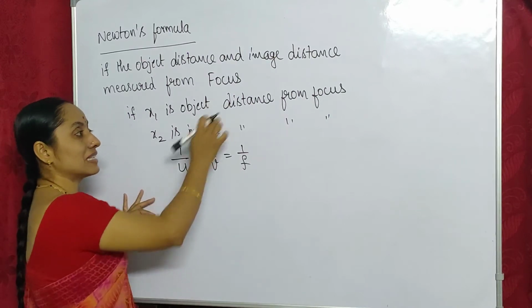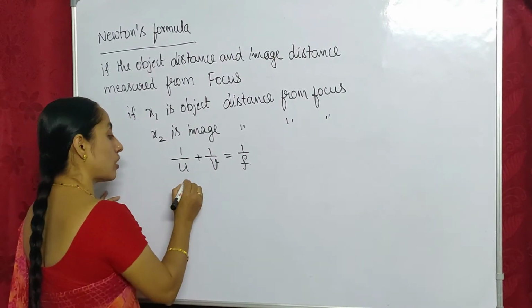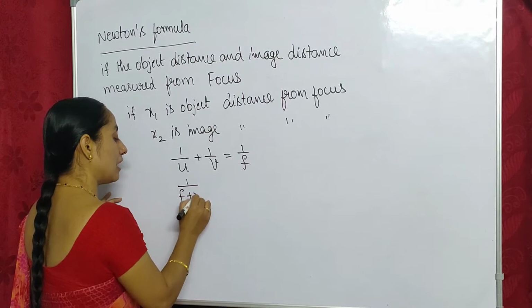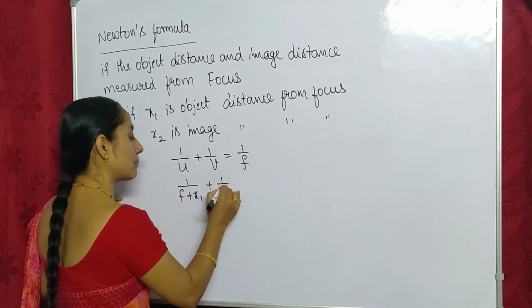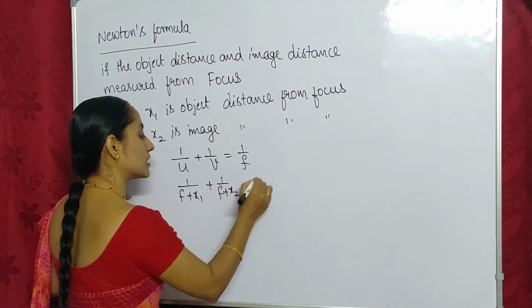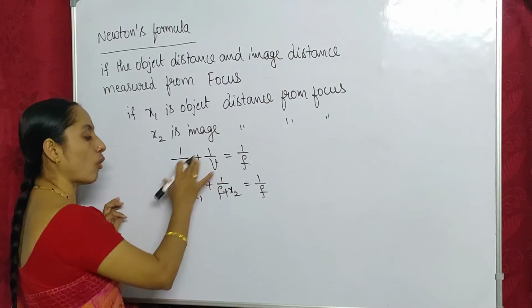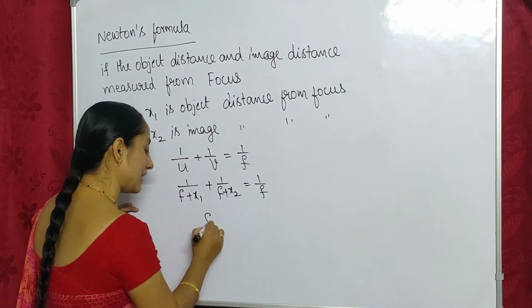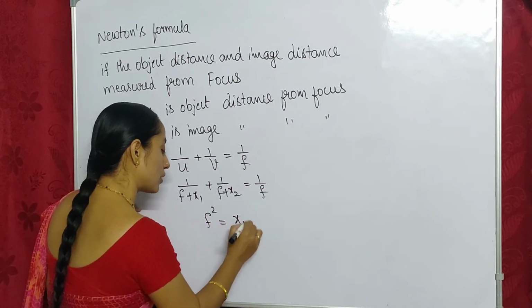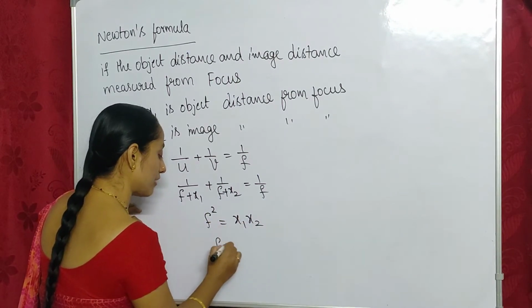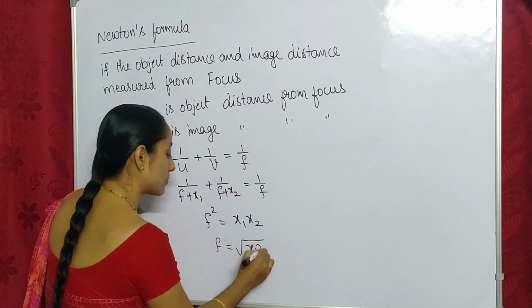But here lengths are measured from focus, so I have to write 1 by (f plus x1) plus 1 by (f plus x2) is equal to 1 by f. Now after rearranging the whole thing, the formula we get is f square is equal to x1 x2, or f is equal to root over x1 x2.